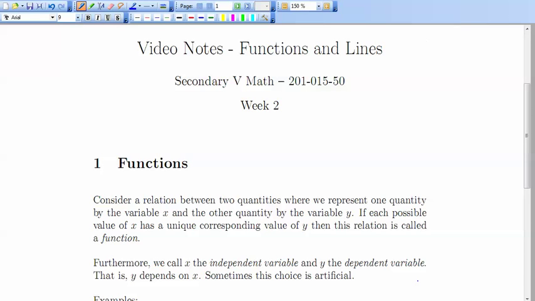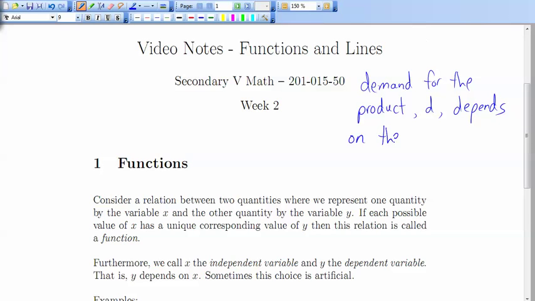Now, all of those are just called relations. They are relationships between two unknown quantities. Now, if we say that one of the quantities depends on the other, for instance, in the economics example, we have that the demand for the product, we could call that D, depends on the price per unit.